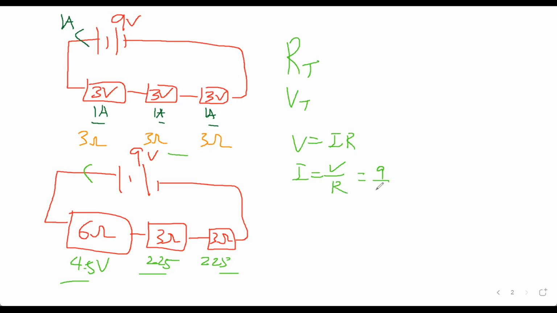Which will be 9 over... So you give me 0.75 amperes. This here will be 0.75 amperes. This will be 0.75, this will be 0.75, and this will be 0.75. Understand?